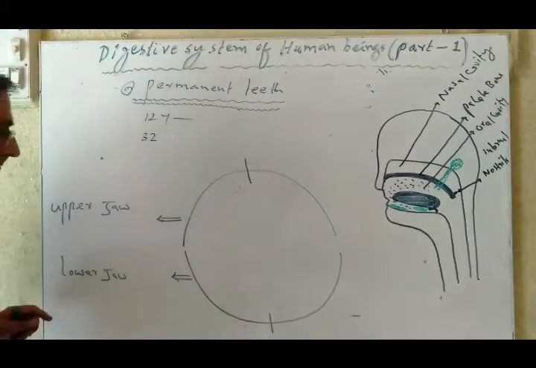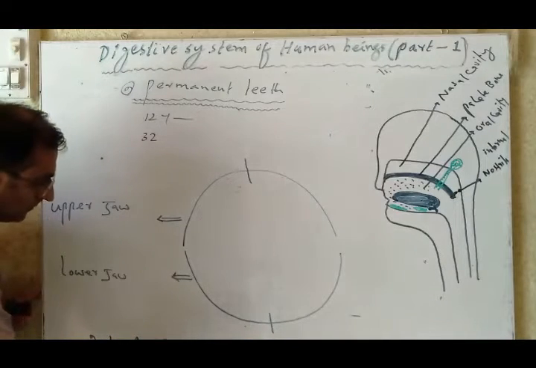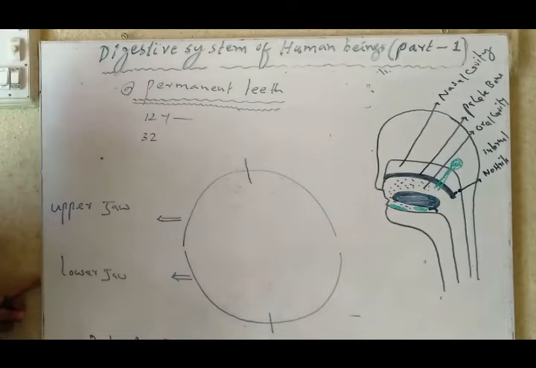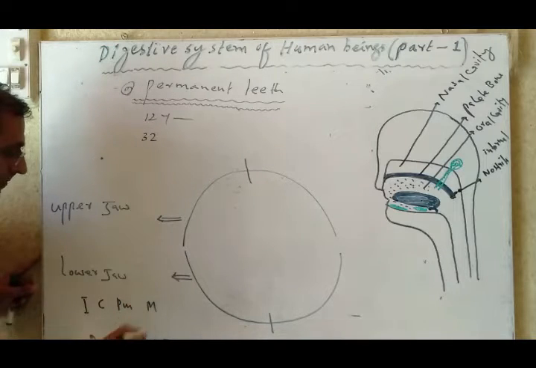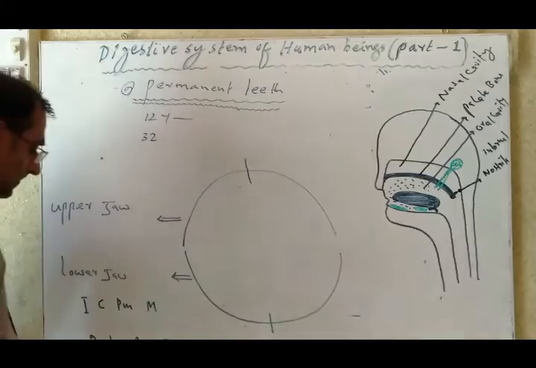So in the simple way, this is the incisor, canine, premolar, molar in half of the upper jaw and half of the lower jaw.